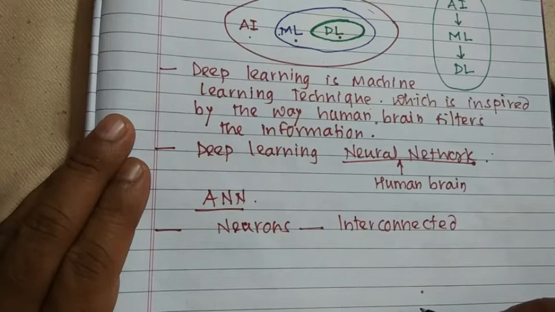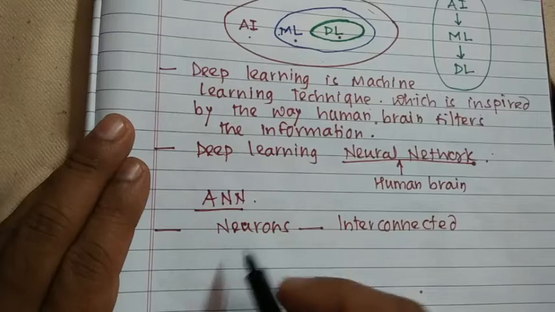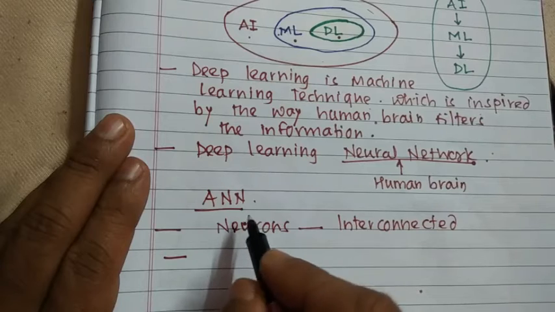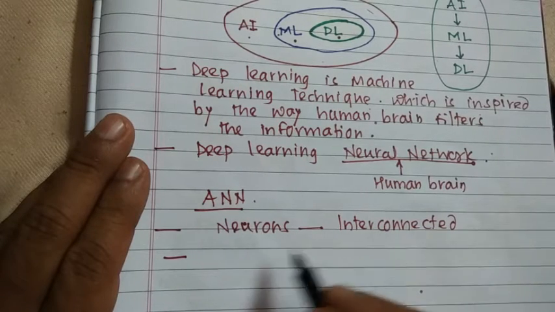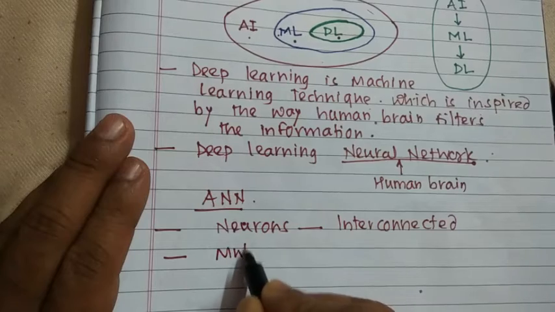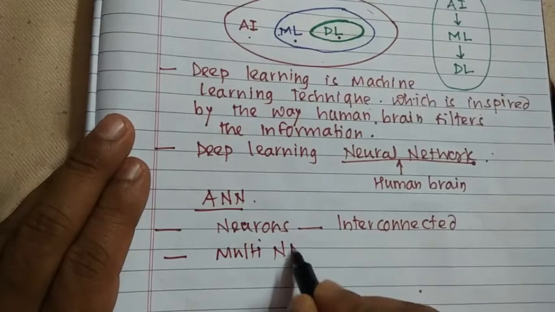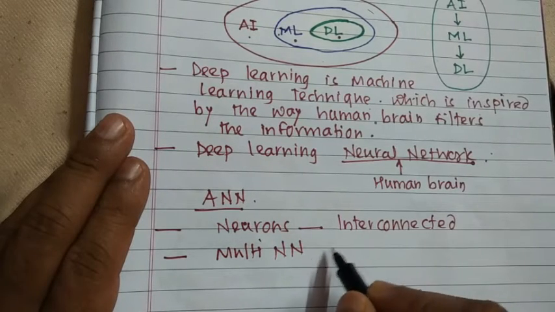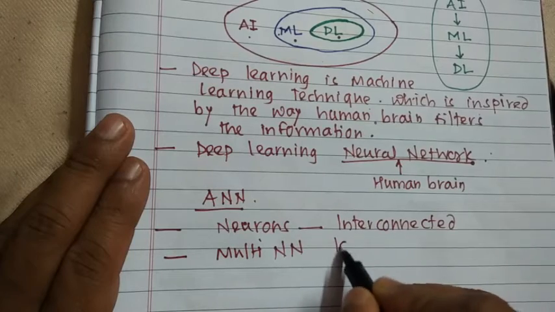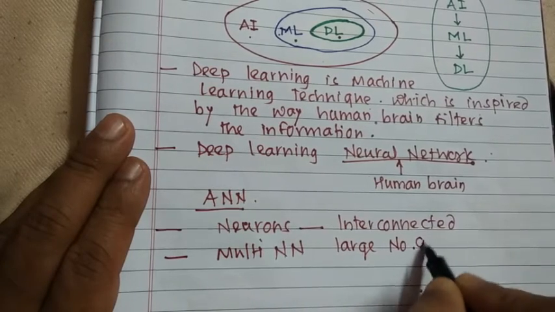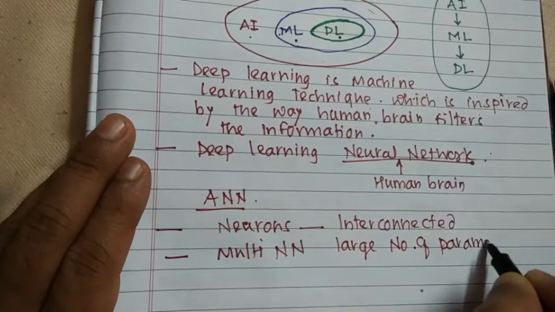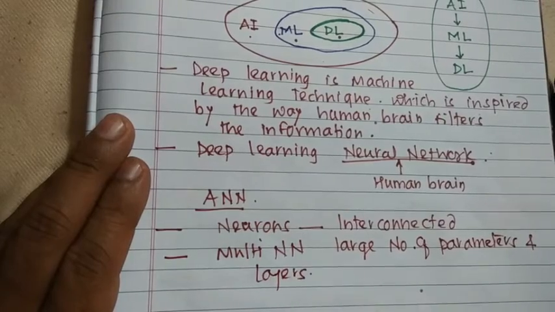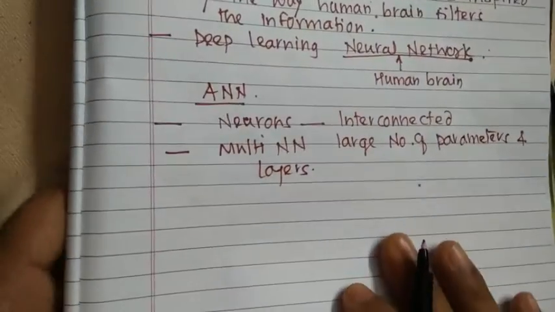In an artificial neural network, it's a multi-neural network architecture that consists of a large number of parameters and layers, and it's very complicated to understand too.